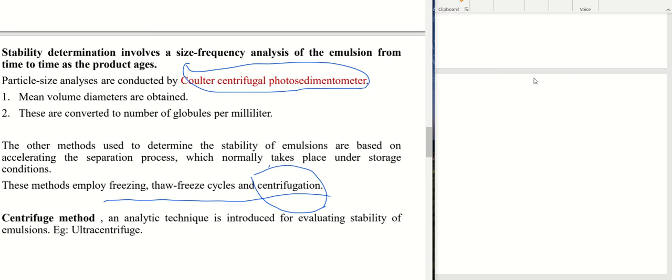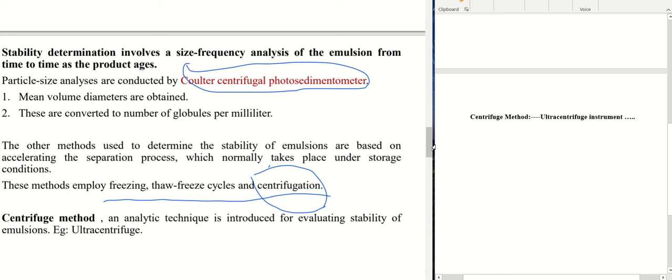Now let's see the centrifuge method, which is the most commonly used technique in the laboratory. In this method, we will be using an ultracentrifuge instrument to determine the stability of an emulsion.